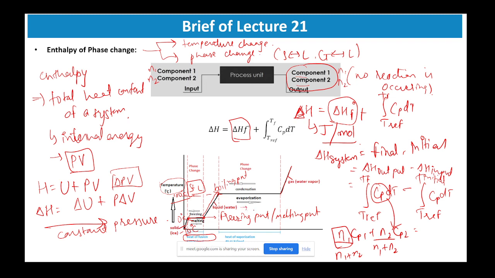For water it will have some heat of vaporization, and for another substance, say ethanol, the heat of vaporization will be something else. So it depends on chemical to chemical, but the nature or trend of the profile will remain the same.